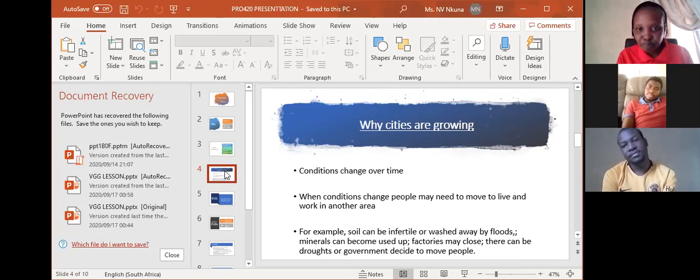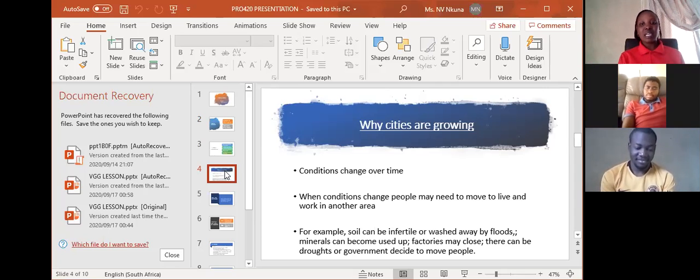For example, soil can be infertile or washed away by floods. As I've said, people living in rural areas depend on agriculture. When the fertile soil is washed away, they will suffer from hunger, and then they will be forced to move from rural areas to urban areas to seek enough food.